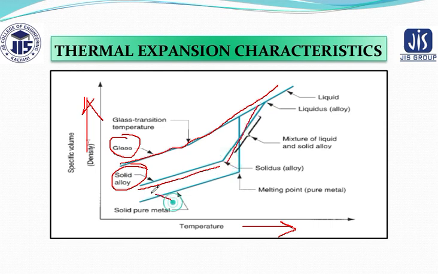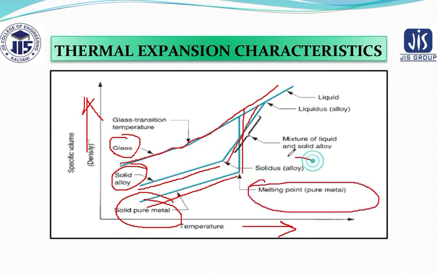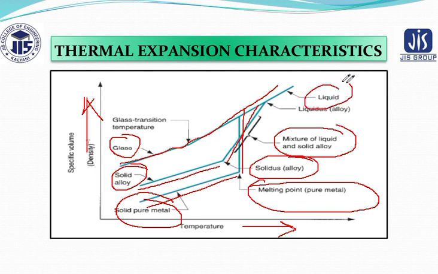For solid pure metal, with increasing temperature the specific volume increases, and after that it becomes constant. This is the melting point for pure metal, this is the solidus for alloy, this particular state is the mixture of liquid and solid alloy, this is the liquid state for glass, and this is liquid alloy. So I hope it is clear from this figure to all of you.